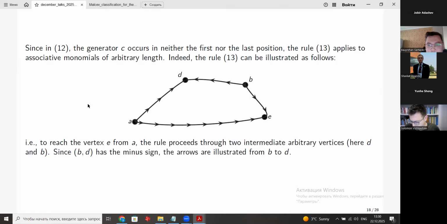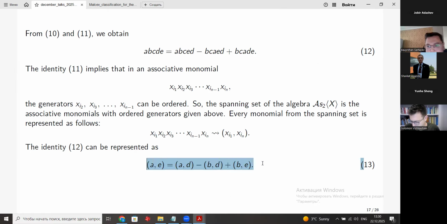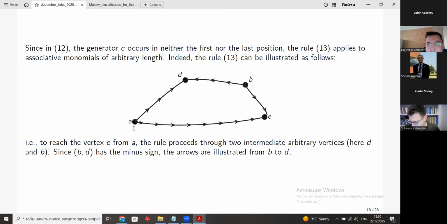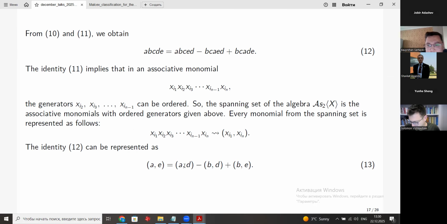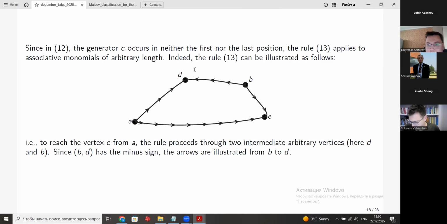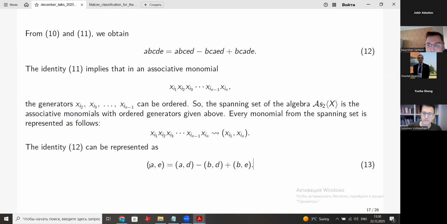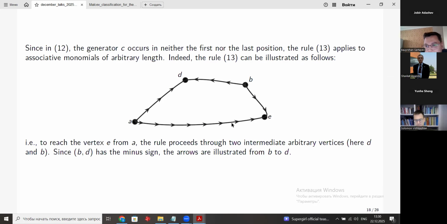Firstly, we consider these generators as vertices. So we have here A, E, D, and B. We have four vertices, A, B, D, E. And if you want to go from E to E, how can we achieve it?